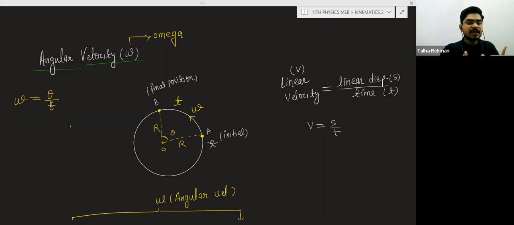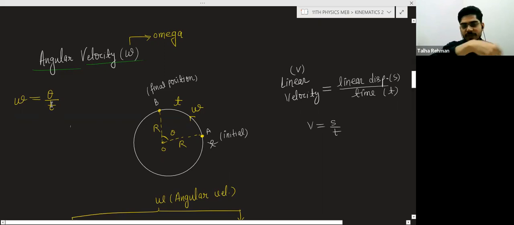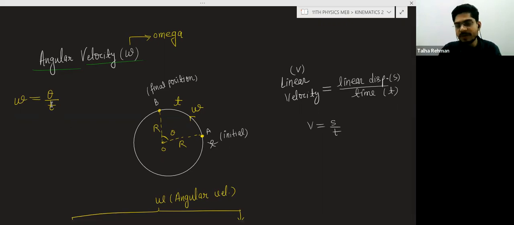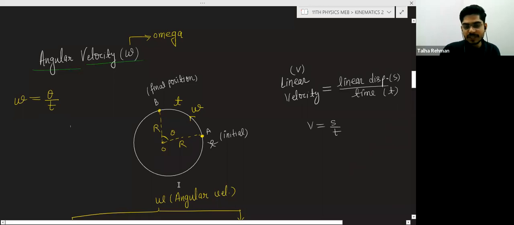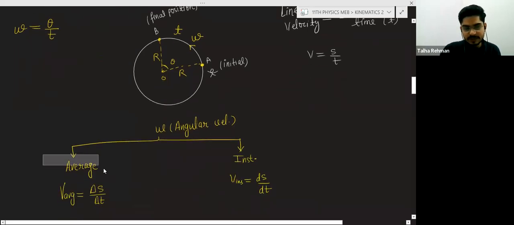Then if someone asks what is the angular velocity of that person moving in a circle, what will you say? You have to either take the average velocity, or you will tell the instantaneous velocity, the velocity at that instant of time. So that is why we define the angular velocity in two ways: first is average angular velocity, and instantaneous angular velocity.